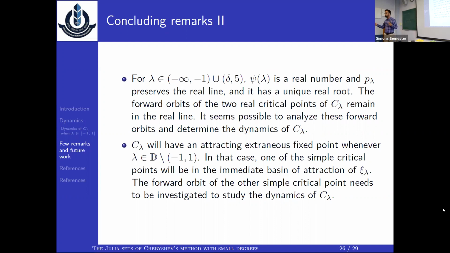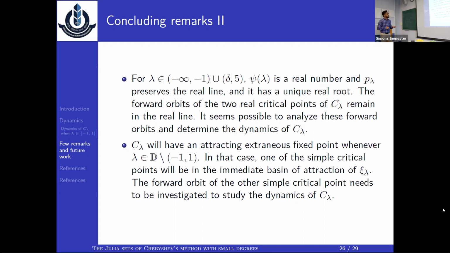Its forward orbit will also be real. So in this case, the Herman ring cannot be possible. But we do not know what the Julia set will be. I am expecting that the Julia set will be connected here also, but analytically, I cannot prove that yet.